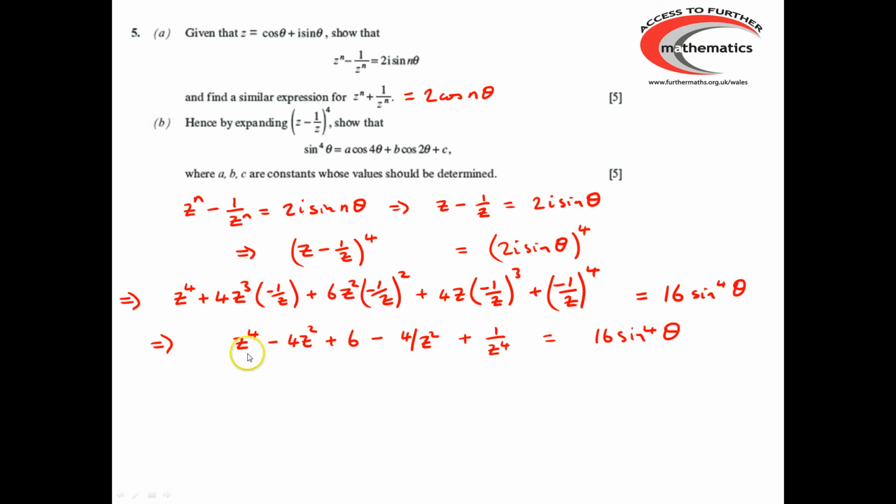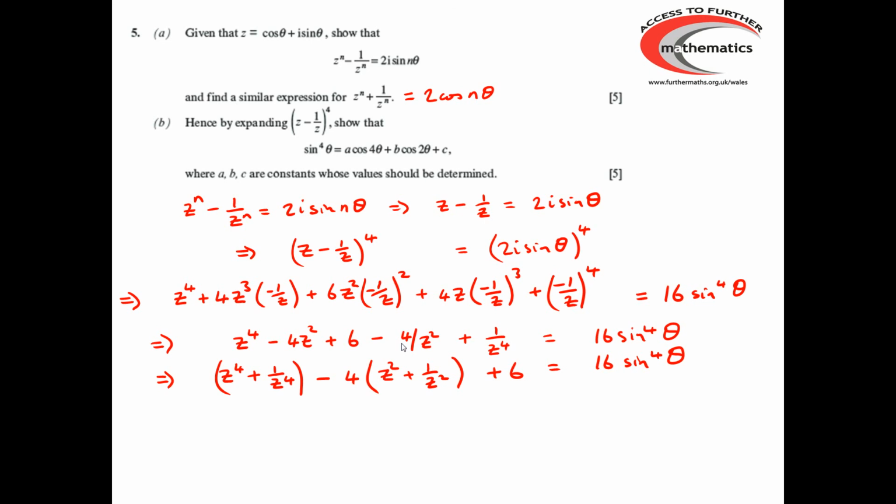Now just look at this carefully. We've got z to the 4 plus 1 over z to the 4 there, and we know that z to the 4 plus 1 over z to the 4 is 2 cos 4 theta. And we can do something similar with the z squared terms. So we'll just rewrite the left hand side, first of all collecting together the z to the 4 plus 1 over z to the 4, then collecting together the z squared and the 1 over z squared term.